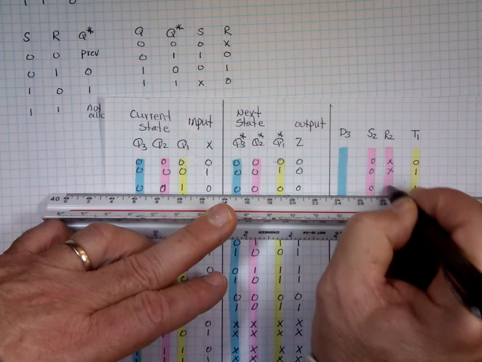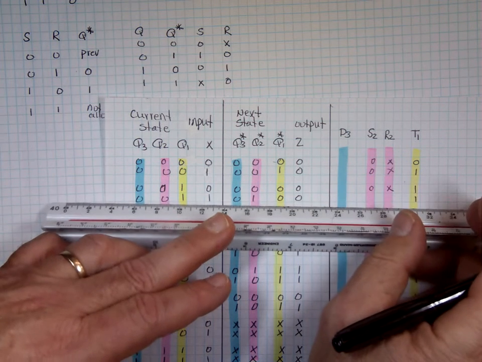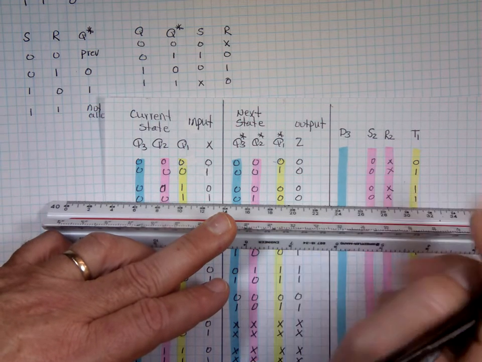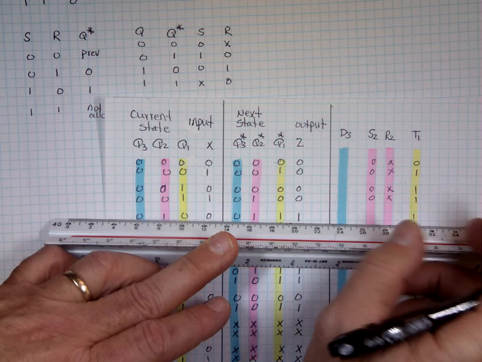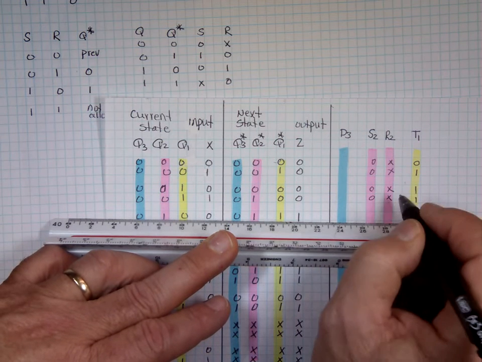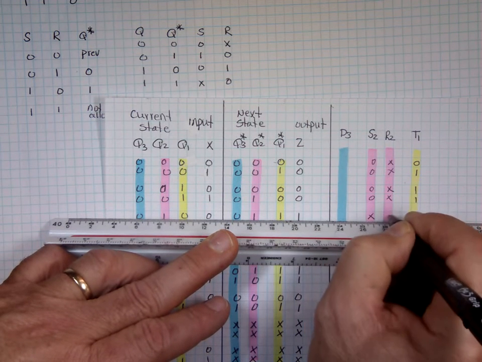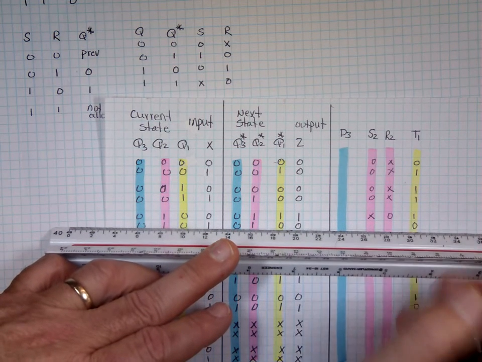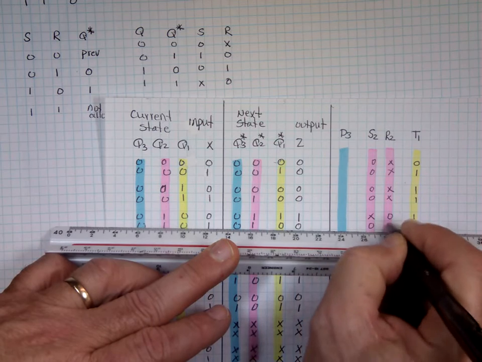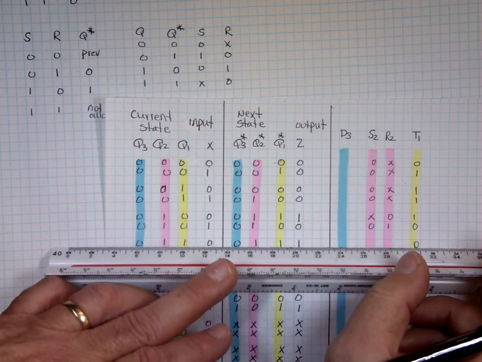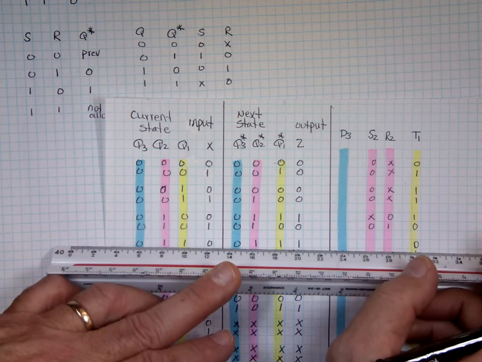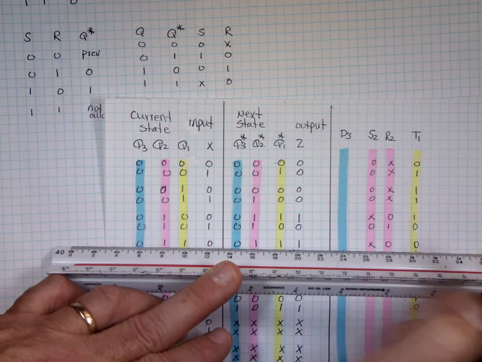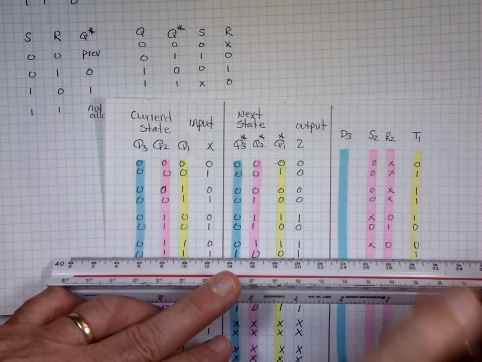I like when you have a lot of them. 0 to 0, 0, don't care. 1 to 1 is what? Don't care and 0. 1 to 0, that's 0, 1. 1 to 1, don't care and 0. 1 to 0, 0, 1.